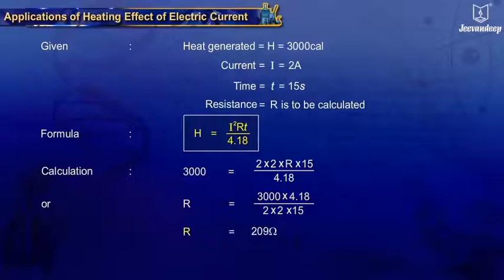Therefore, R equals 209 ohm. Thus, resistance of geyser is 209 ohm.